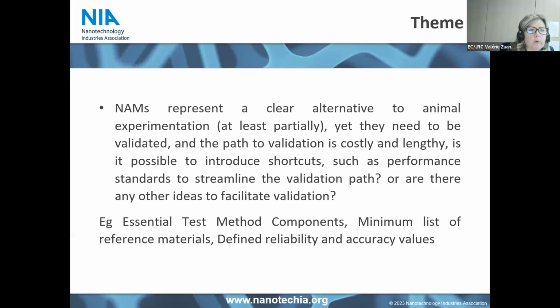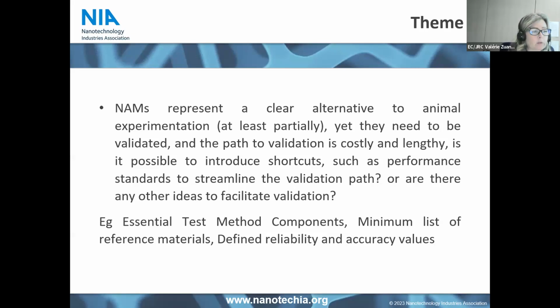Yes, I just follow up on what Elijah said. We have taken the lead at the OECD to update guidance document 34 on the validation and international acceptance of methods for hazard assessment. There we will try to streamline everything a little bit. But we think that the principles of validation, which is that a method or an approach should be relevant and reliable for a particular purpose, are still valid.